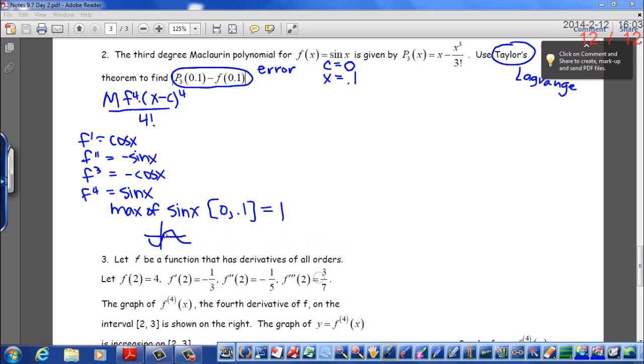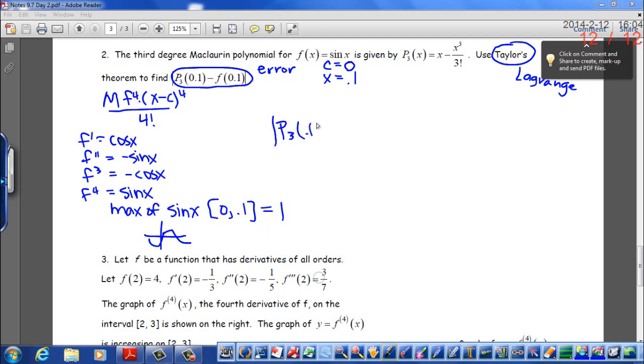The sine of 0.1 is just going to be a little bit more than 0. It's really not anywhere near 1. But what we can do is use 1 because we know that that's a bigger number. And if we're using a bigger number, then our error will always be less than what we're using. So the bottom line is that if you're trying to find the maximum of sine or cosine on any interval, when you're using Lagrange error, then you can always use 1.